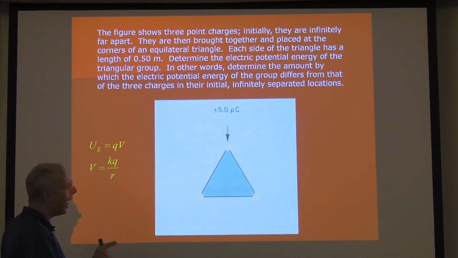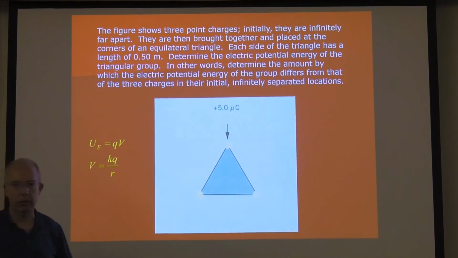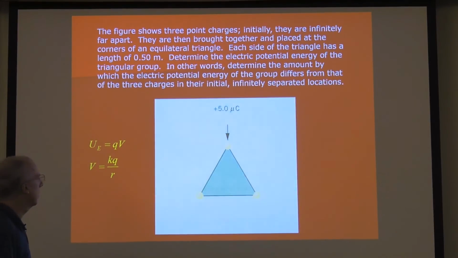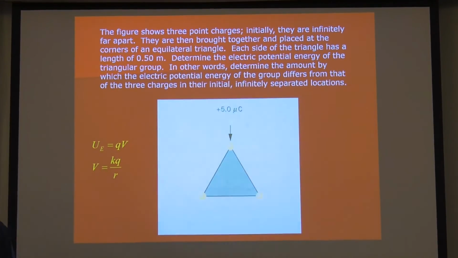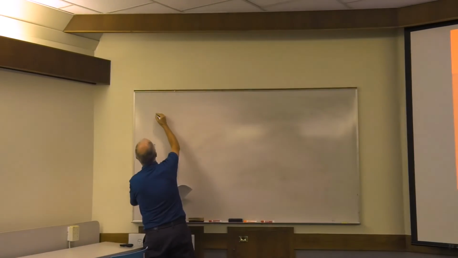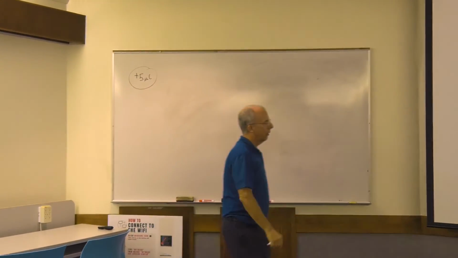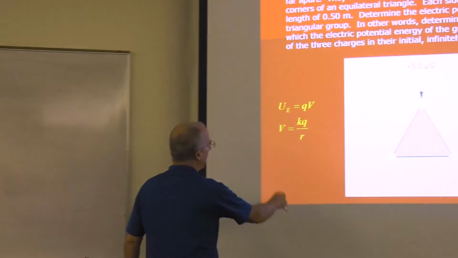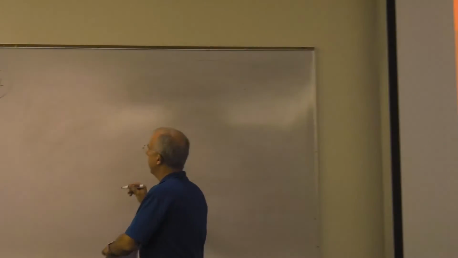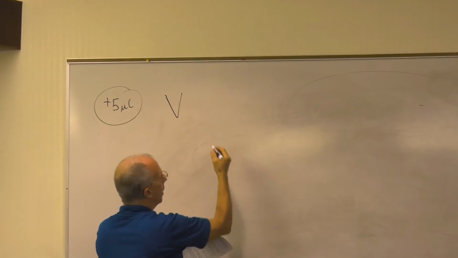Okay, but what does this charge create? A V field. Now, where do we want to know the V field? We want to know the V field here or there. So let's do it. This is for the plus 5. At the corners of the triangle, using this equation, that 5 microcoulomb charge creates a V field.